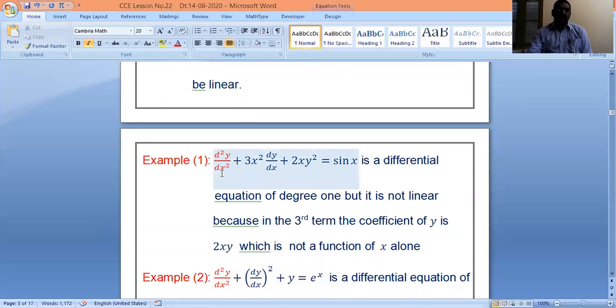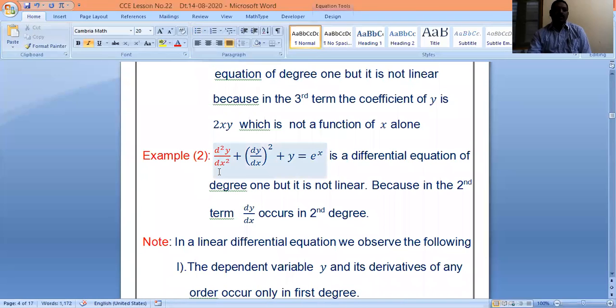Example: d^2 y/dx^2 plus 3x^2 dy/dx plus 2x y^2 is equal to sin x is a differential equation of degree 1, but it is not linear, because in the third term the coefficient of y, that is 2xy, is not a function of x alone. Therefore, this differential equation is not linear.